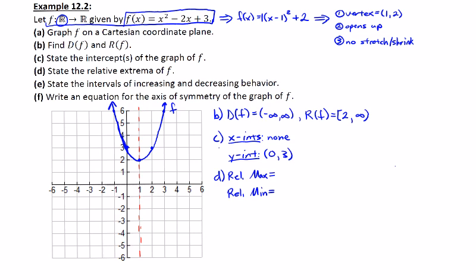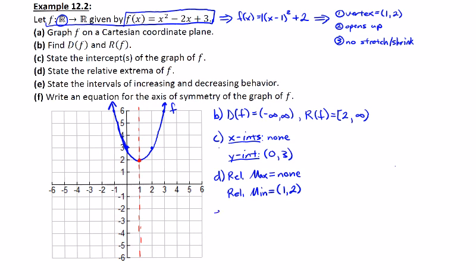In this case, the vertex ends up being located at the relative minimum. So I will write none for relative max. Relative min, I will just write down the ordered pair 1, 2, which is representative of the vertex. So the vertex is a very important point. It helps us to determine the range, and it also tells us about the relative extrema.